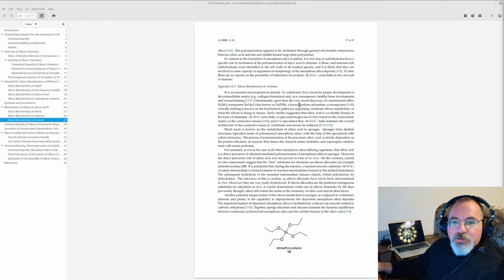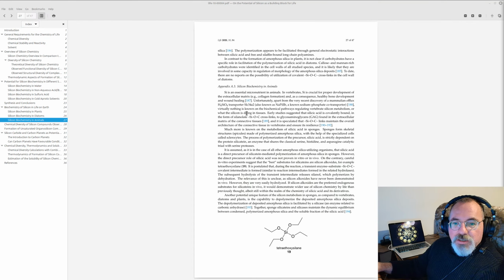Unfortunately, apart from the very recent discovery of a mammalian efflux H4SiO4 transporter, SLC34A2, which is the gene, virtually nothing is known on the biochemical pathways regulating vertebrate silicon metabolism or what the silicon is doing in tissues.